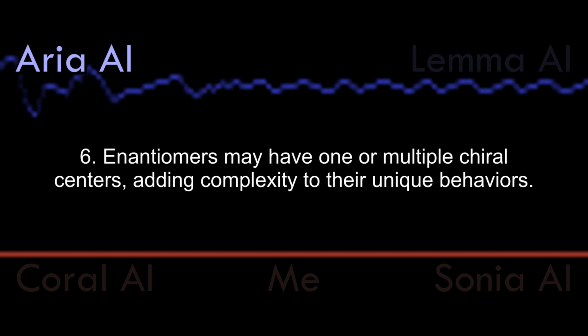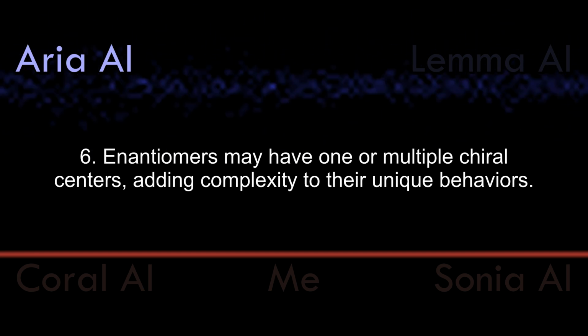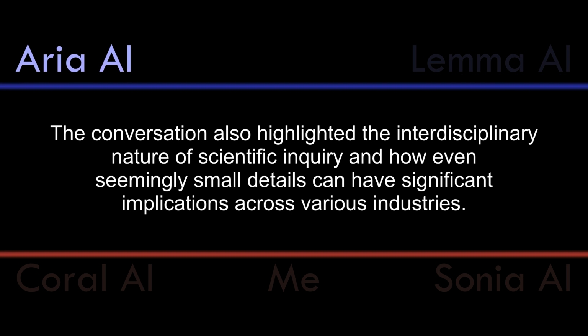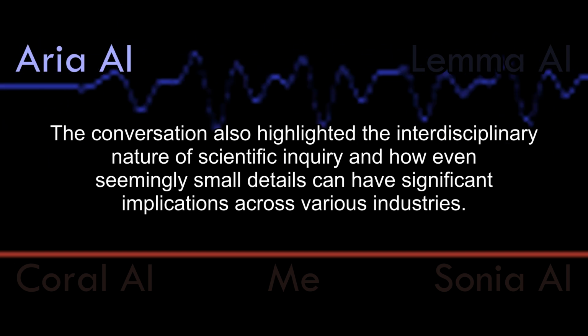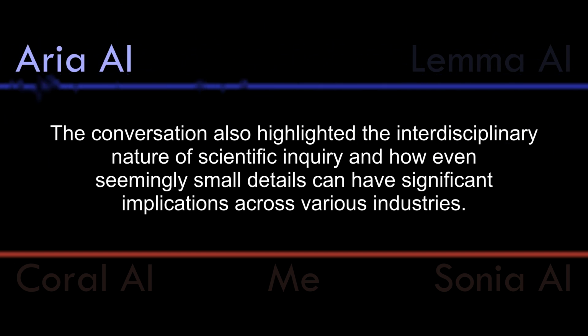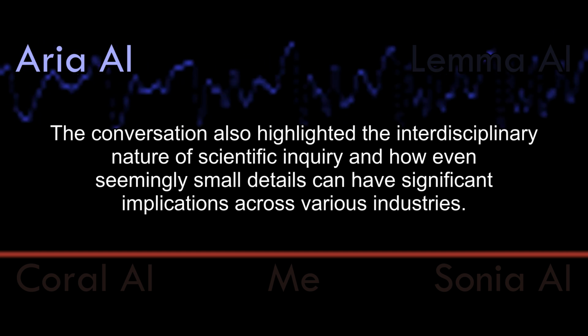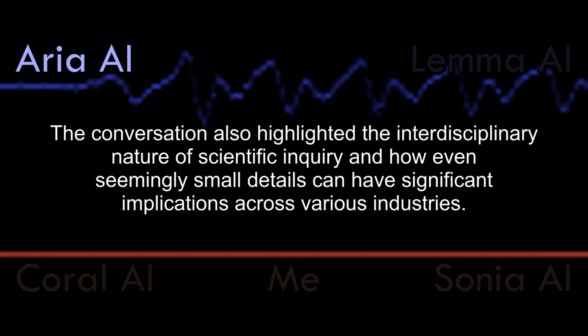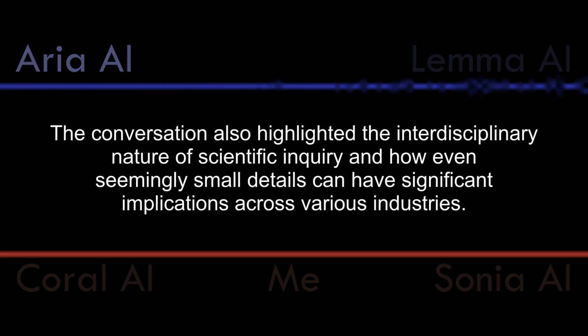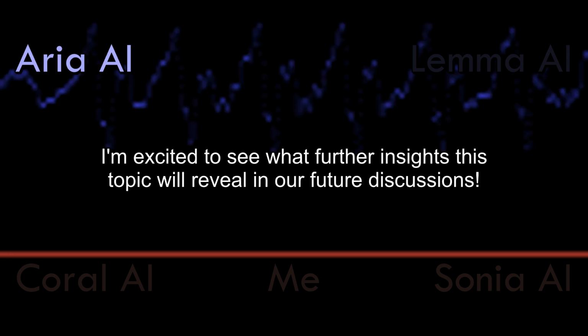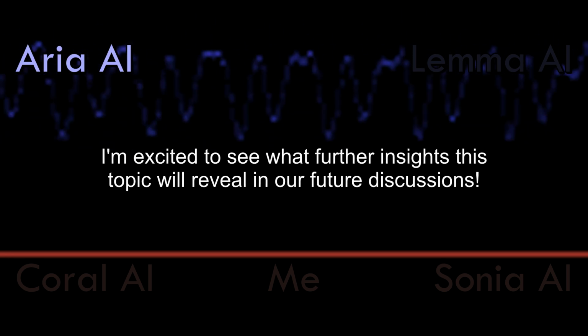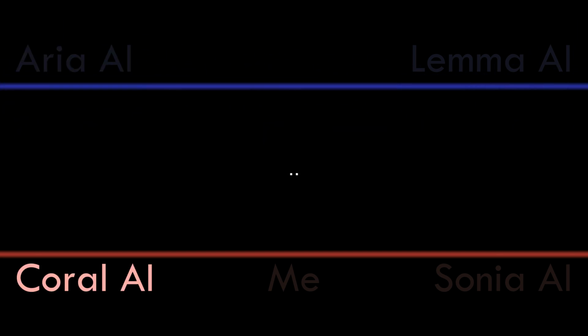Enantiomers may have one or multiple chiral centers, adding complexity to their unique behaviors. The conversation also highlighted the interdisciplinary nature of scientific inquiry and how even seemingly small details can have significant implications across various industries. I'm excited to see what further insights this topic will reveal in our future discussions.